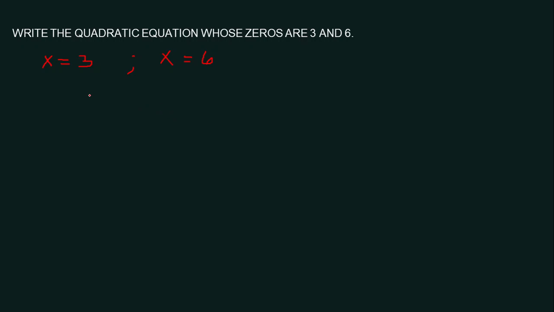So first, we need to transform these two zeros or roots back to their factored form. From here, we can just use the additive inverse. So we can add a negative 3 here and a negative 3 here, or simply transpose this 3 back here and then equate everything to 0.